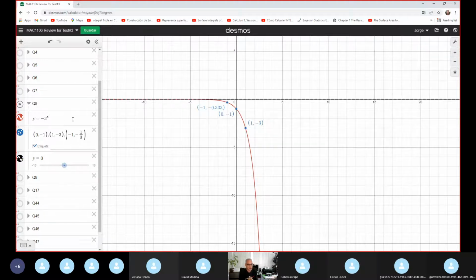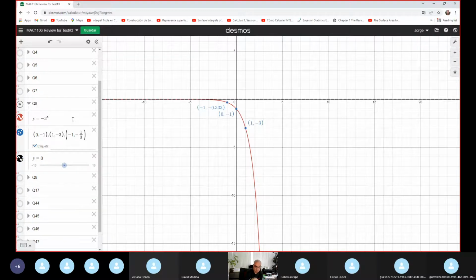So everything in the y value is negative. The x values are the classical 0, 1, and -1. 0 is the universal point. 1 is the base, which is 3, but -3. And -1 is the reciprocal of the base, which is 1/3, but of course -1/3 because we have -1 in the front.